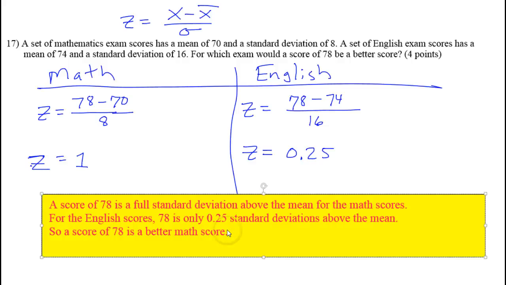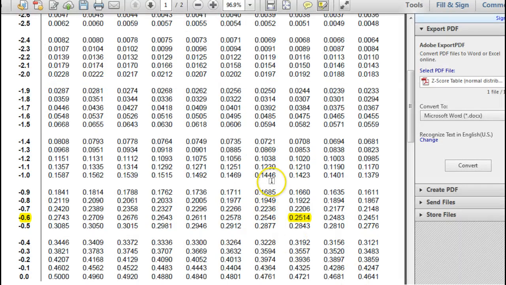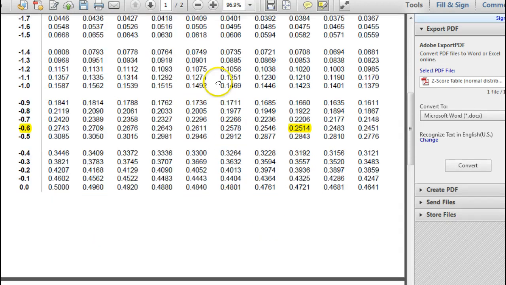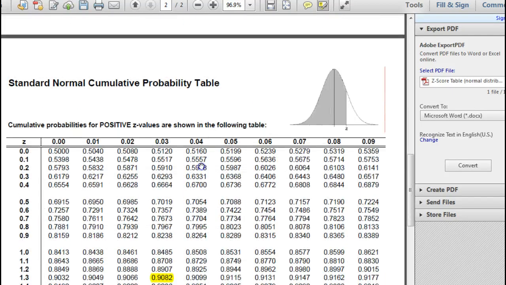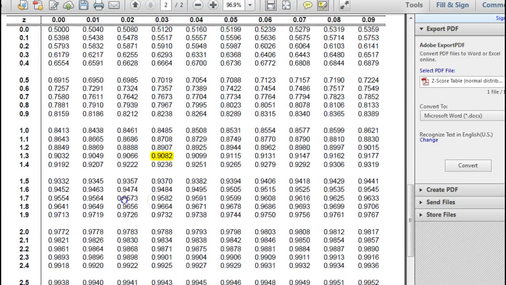But for extra credit, let's check out the percentile. Alright, we can use the z-score chart we looked at before to find out the percentile. So 78 is at what percentile for math and what percentile is that for English. So z-score of 1, if I go to the chart and find it, okay, here's a z-score of 1.